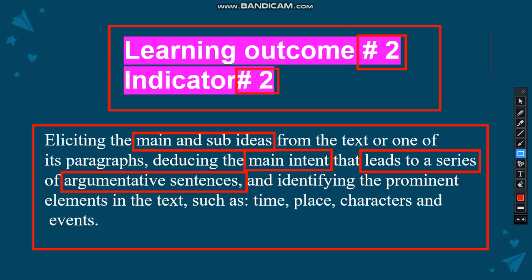So the author will have a main intent in the passage or the paragraph, and then with that intent there will be a series of argumentative sentences. And finally, we will identify the prominent elements in the text, such as time, place, characters, and events. So let's now do all of the key points of the indicator one by one.